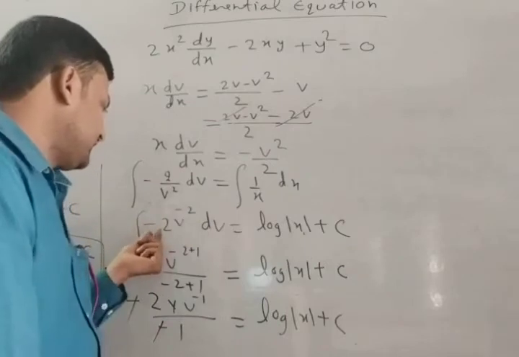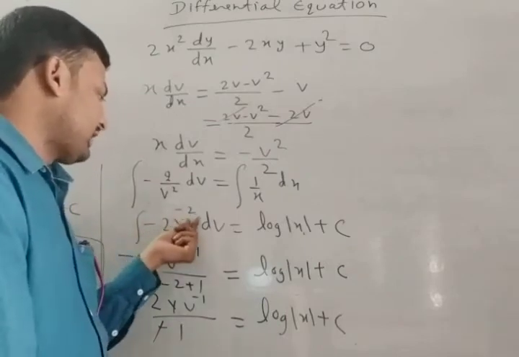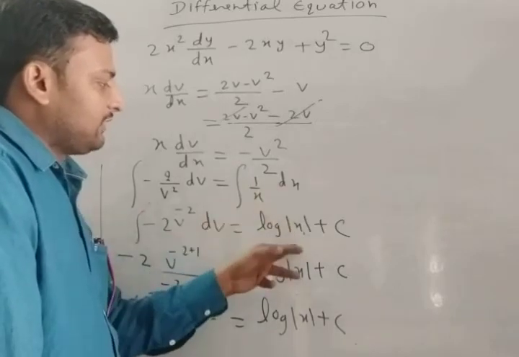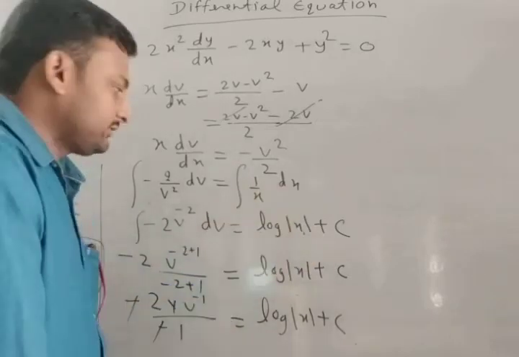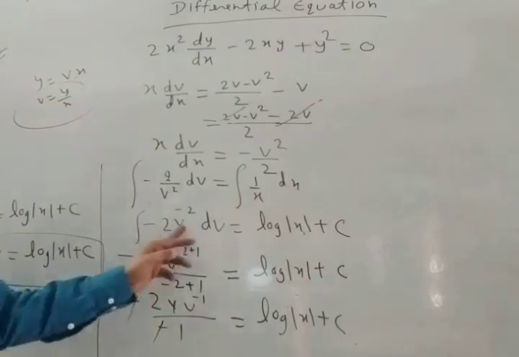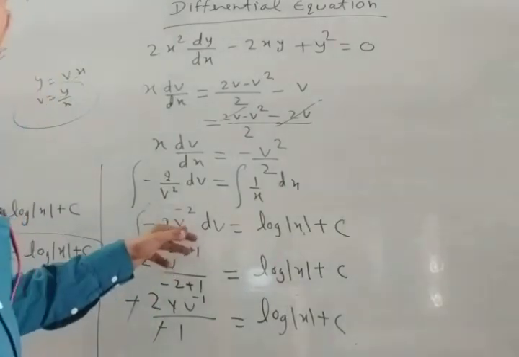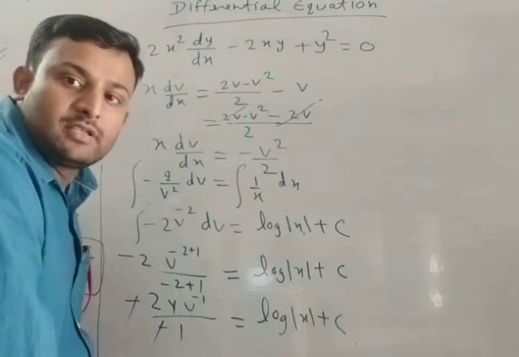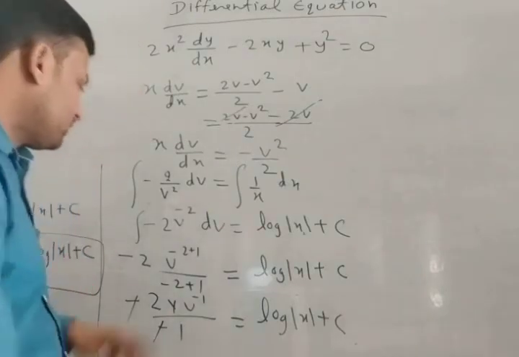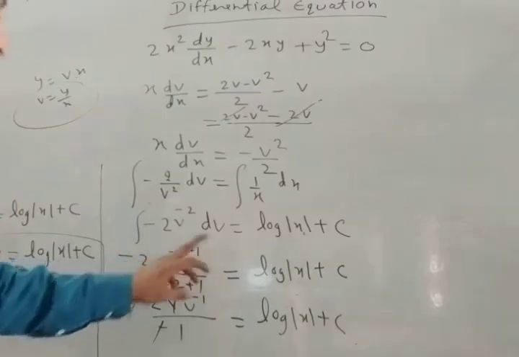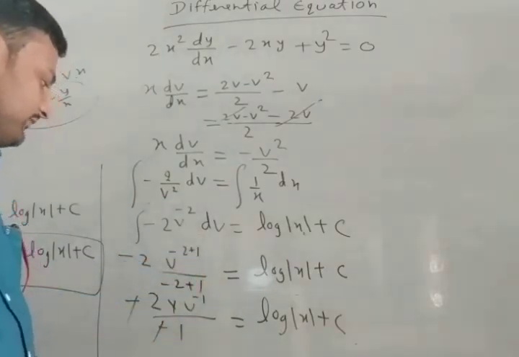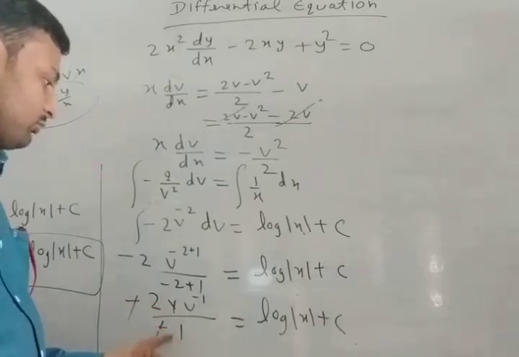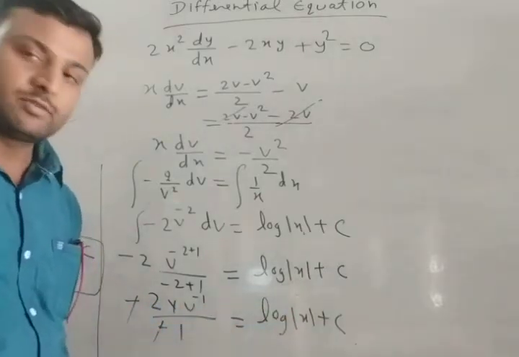When we integrate, we get minus 2v to the power minus 2 dv, and log of modulus x plus c. Now the integration of x to the power n is x to the power n plus 1 by n plus 1. So we write minus v to the power minus 2 plus 1 by minus 2 plus 1, and this minus and minus will cancel, and we can write this as 2 by v, and here log x plus c.